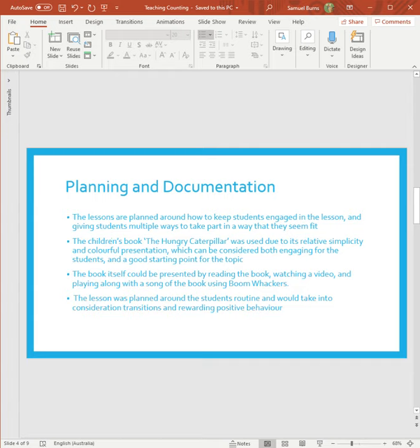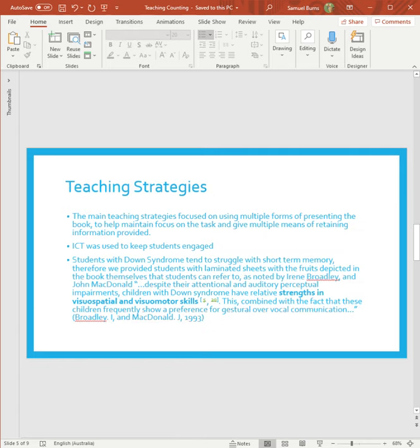The lessons are planned around routine and cater to transitions and rewarding positive behaviour. Teaching strategies were mainly focused on engaging the students in the topic and giving them multiple ways to help them retain information. The lessons themselves are mainly focused on ICT.